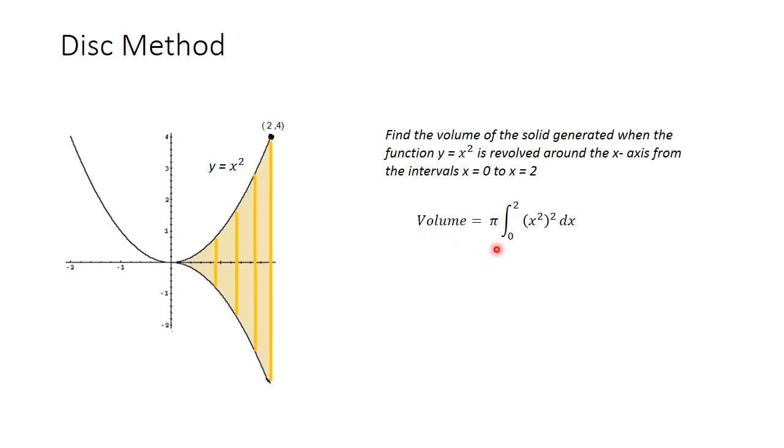And plug in the equation x squared, and don't forget the squared here because this is part of the equation of the circle. And put in dx because these are infinitely thin circles, and it is basically the height of the object.